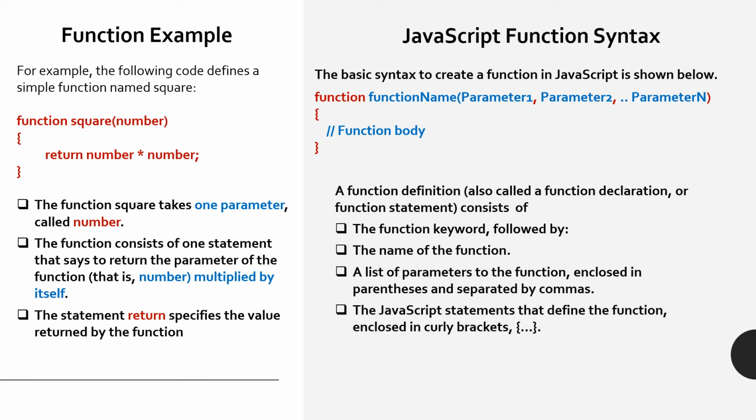What exactly is this function doing? It takes the number, multiplies it by itself, and returns the result.